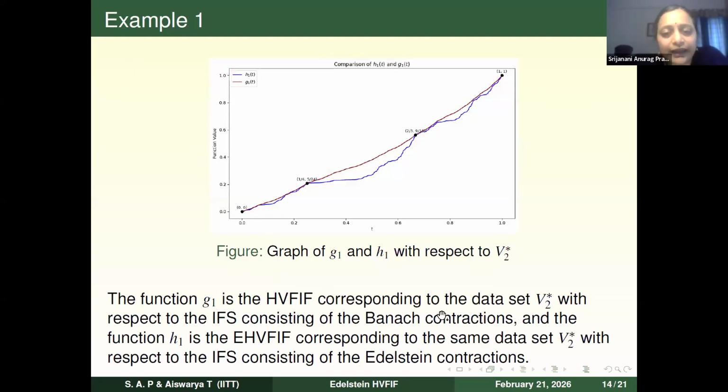So I get an HVFIF corresponding to the same data set, and that is given by my red curve. So here I have shown both the Banach contraction iterated function system, which gives the hidden variable fractal interpolation function, and the Edelstein hidden variable fractal interpolation function for the same data.